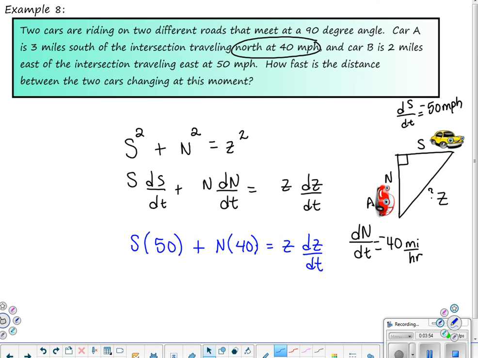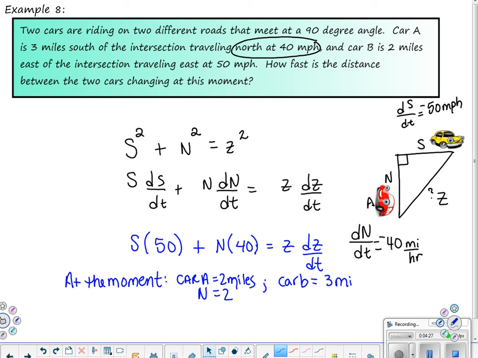And then it said at this moment, where car A is 2 miles away from the intersection, that would be N equaling 2, wouldn't it? This was miles, not minutes. The other one, car B, was 3 miles away.